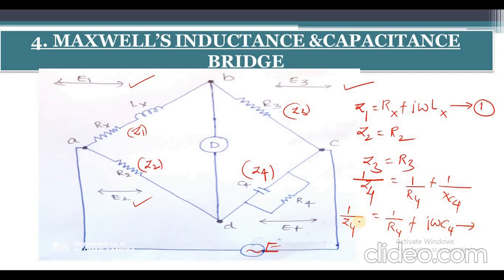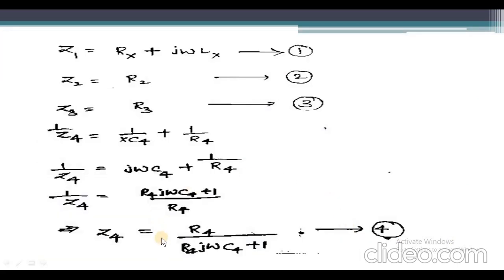If you take the LCM and invert 1 by Z4, we obtain the Z4 equation as R4 by (R4 j omega C4 plus 1). All these are the different equations I had already discussed: Z1, Z2, Z3 and Z4.